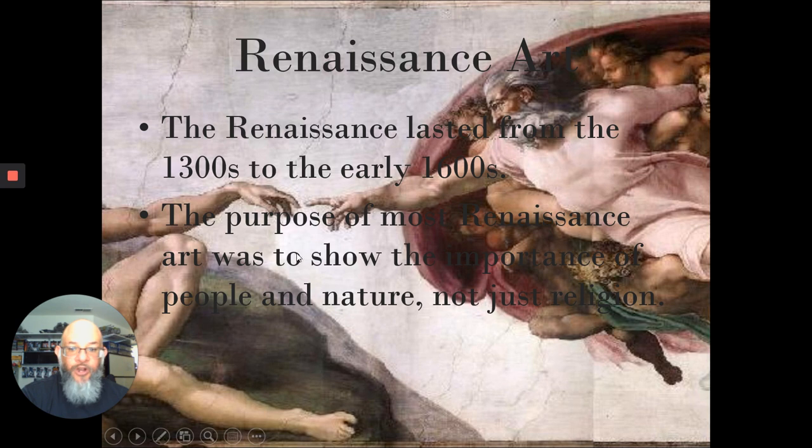Purpose of most Renaissance art was to show the importance of people and nature, not just religion. So now the focus has shifted from teaching people about religion to let's focus on people. Let's focus on what they do, what they look like.